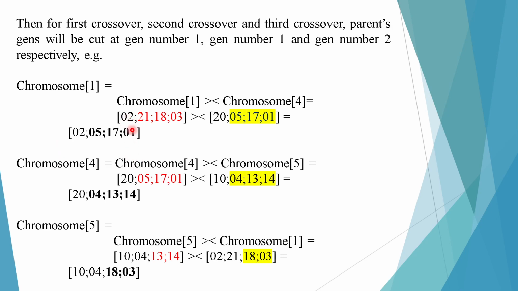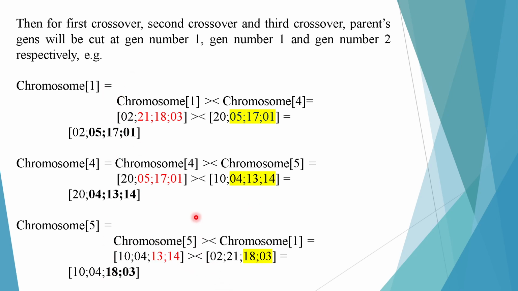So chromosome 1 will cross over at point number 1, this is also number 1, and this at number 2. So the crossover point is number 1: 21, 18, 03. So chromosome 4, the yellow color, will swap in here: 02, 05, 17, 01. So that's what we get.